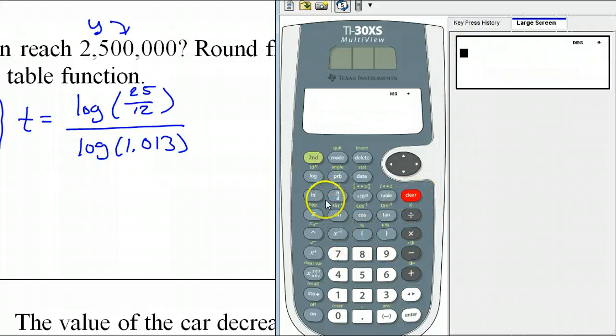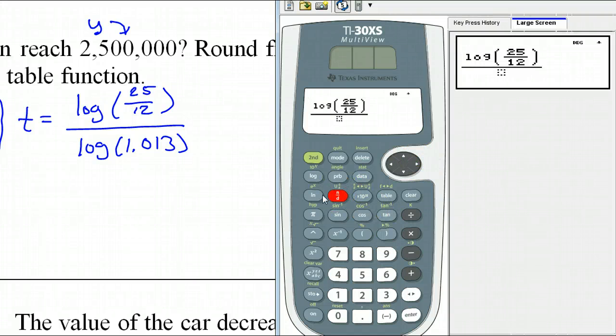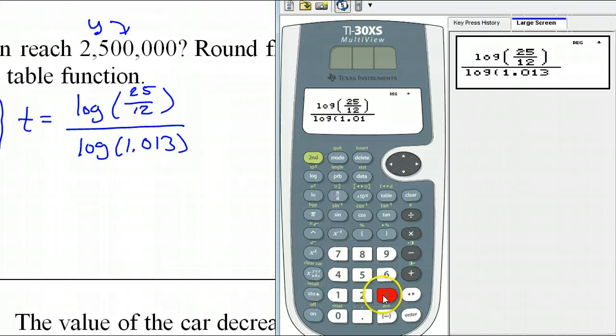Okay, so log 25 over 12, over log 1.013.